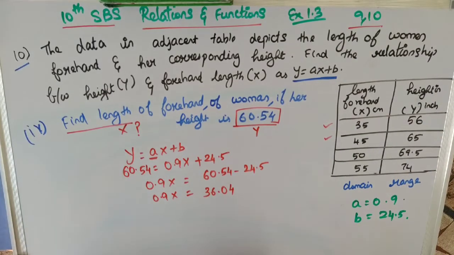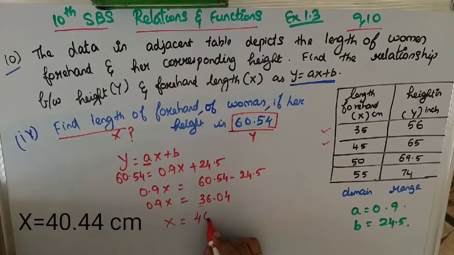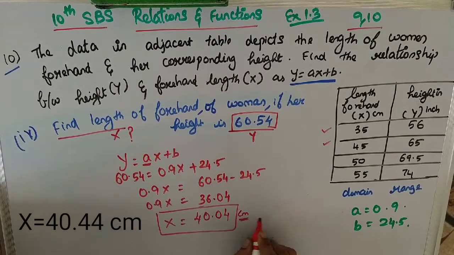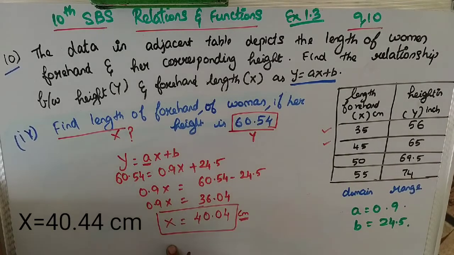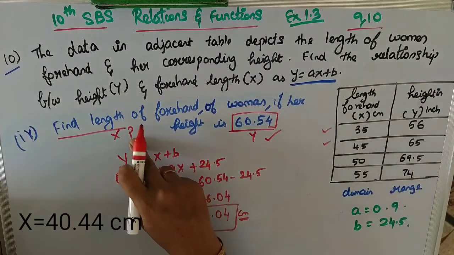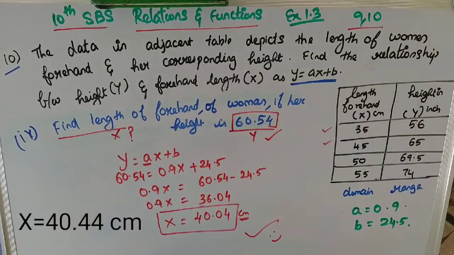So what is x? x is equal to 36.04 divided by 0.9. That is 40.04. Okay. Sorry, it's 40.44. I have written it wrongly. So 40.44 centimeter. So we have y, we have a and b, and in this relation we have substituted three values and got x. Clear?